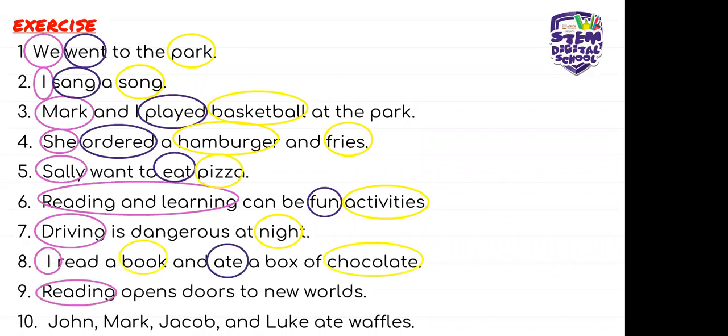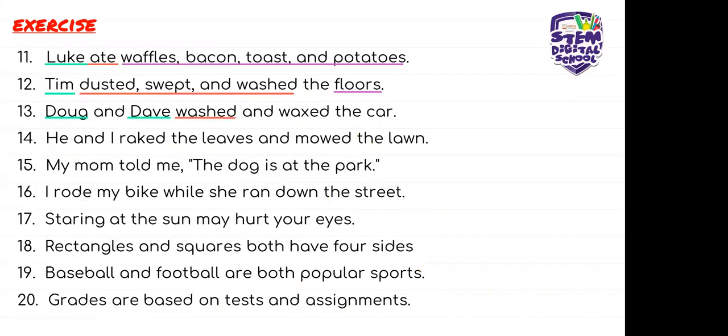Okay. I'm just going to go to the next slide. Not this slide. Okay, this one. Staring at the sun may hurt your eyes. Do you see that that one, staring, looks like the verb again?